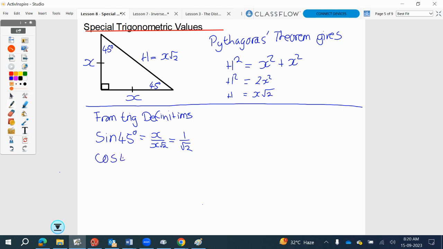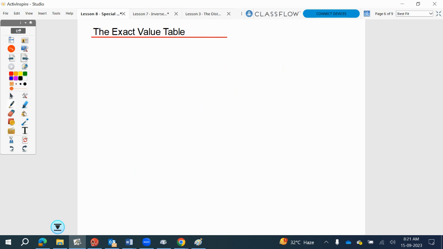Cosine of 45 is going to be the same. The tangent of 45 is going to be the opposite over the adjacent. So x over x equals 1. So these different values we've collected so far lead us to the exact value table.